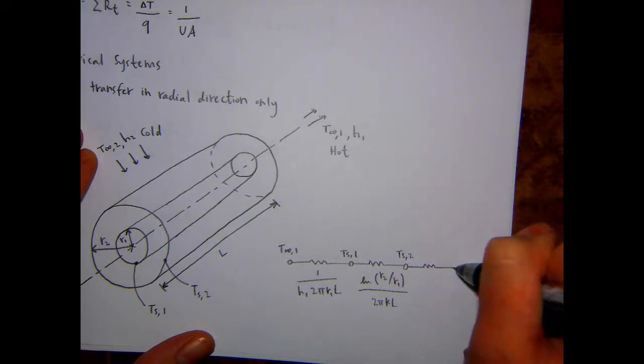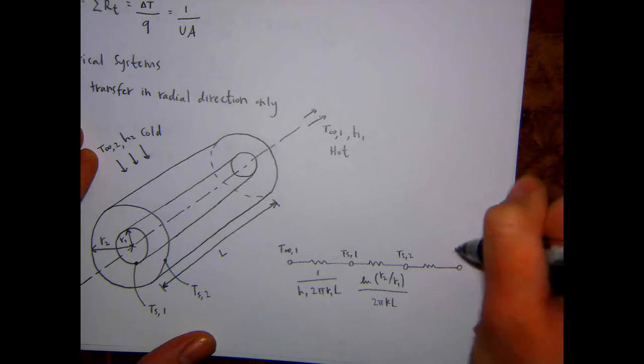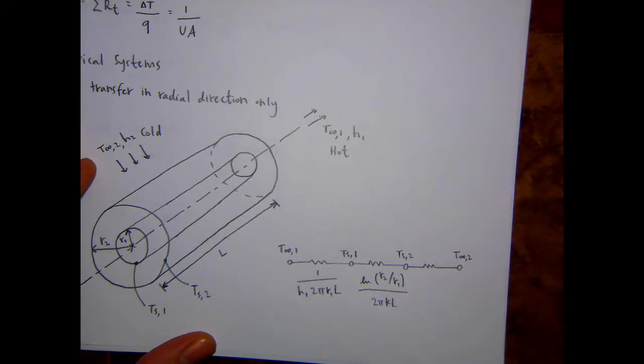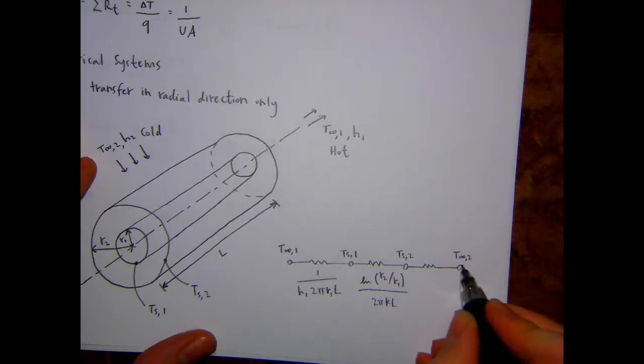And then again, convection out to the outer temperature. So the ambient fluid on the outer surface is colder. It has a temperature of T infinity 2.